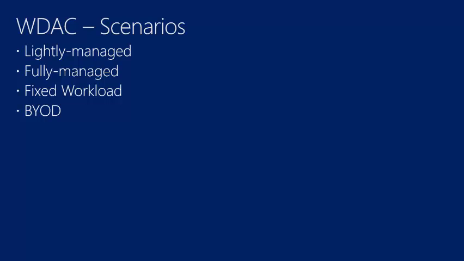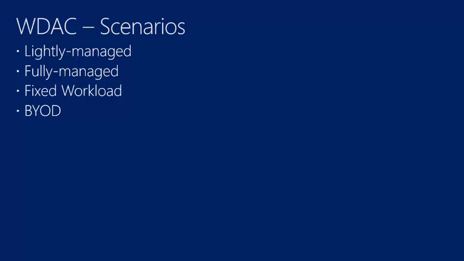Again, not a detailed discussion of this, just some scenarios that we have that you can find some documentation on or work through yourself. There's the fixed workload scenario where devices are going to do the same thing day after day after day. And so those can be locked down and maintained probably a little bit more easily and straightforward with application control policies because they do the same thing time and again.